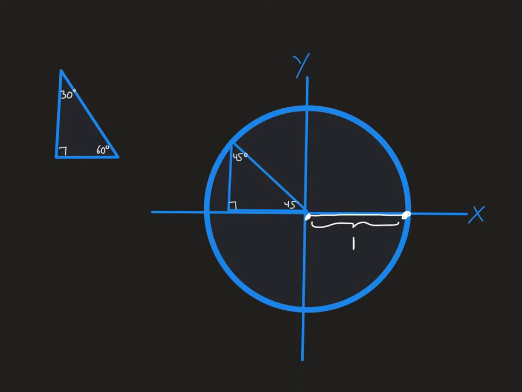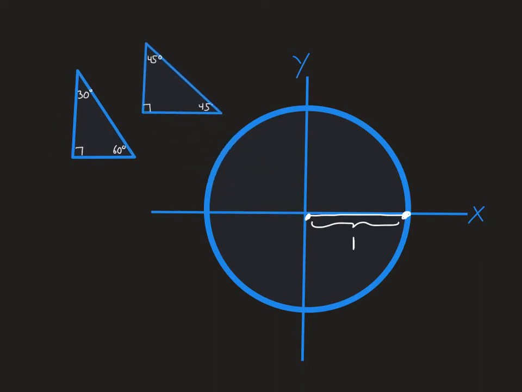So I could put either of these triangles inside this unit circle, and the hypotenuse is going to be 1. The hypotenuse, this distance right here across the 90 degrees, goes from the center of the circle to the edge. So that's going to be a distance of 1 if this is a unit circle.